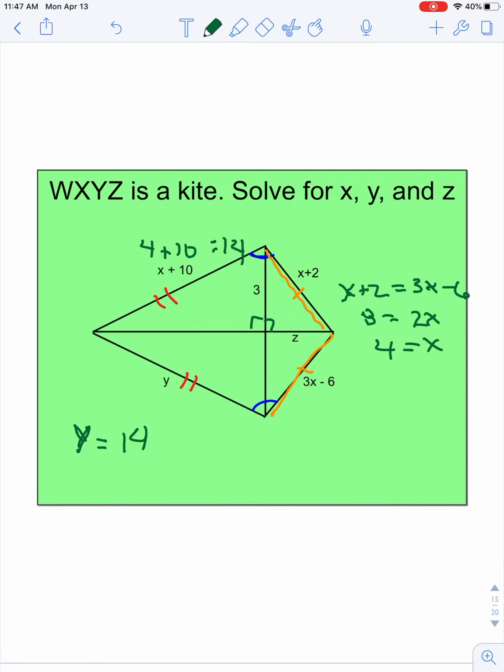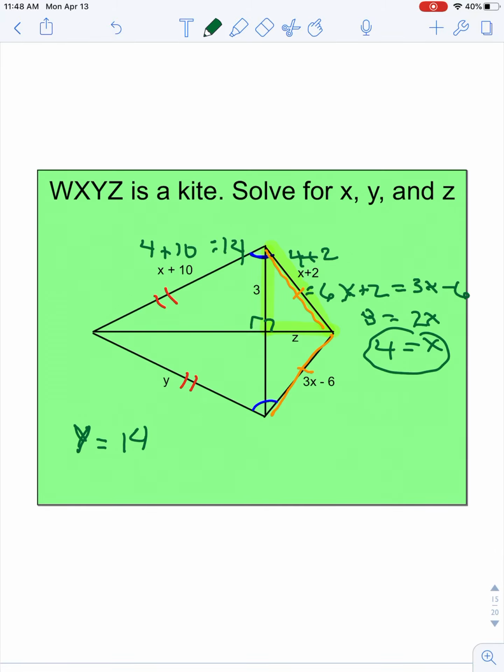So how do we find z? How do we find this piece? Well, notice we have a right triangle, and we already know that from x equaling 4, then this side is 4 plus 2, so this side is equal to 6.